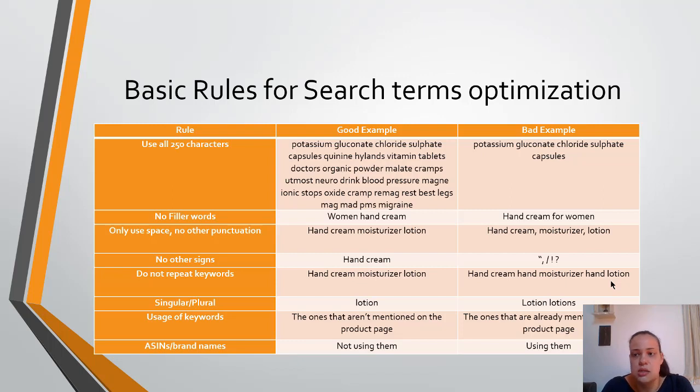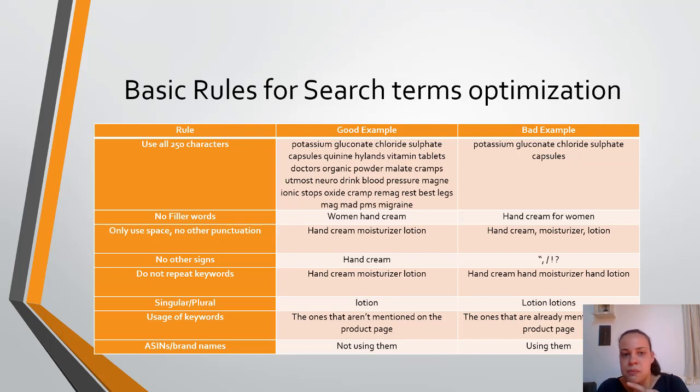These are the things you should not be repeating. It's just enough for you to mention the word hand once in the backend search term. Once it's mentioned once and you have all these other variations, cream, moisturizer, lotion, and everything else, Amazon will pull up all the possible variations that can come from combining all of these words together. So there is no use of duplicating them.